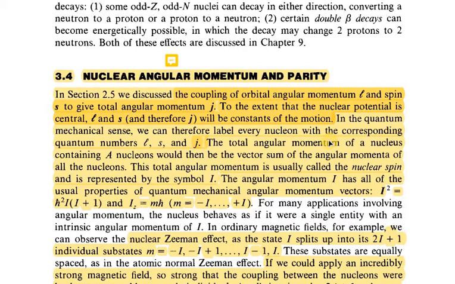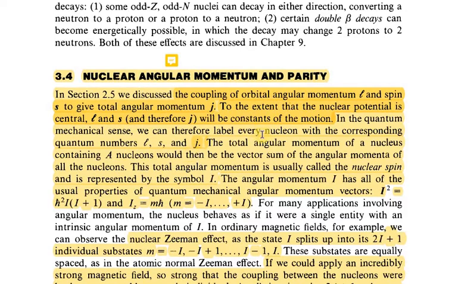That means L, S and J are all conserved quantities. In the quantum mechanical sense, we can therefore label every nucleon with the corresponding quantum numbers L, S and J. So we can label each and every nucleon in the nucleus using their orbital, spin and total angular momentum.